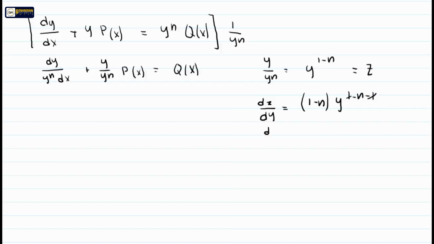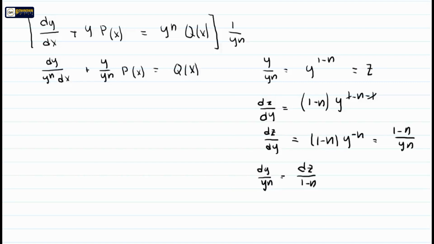So dz over dy is equal to the quantity 1 minus n multiplied by y raised to negative n, or 1 minus n over y raised to n. As you can see, we have dy over y raised to n. We have dy here, we have y raised to n here. So we can say that dy over y raised to n is equal to dz over 1 minus n.